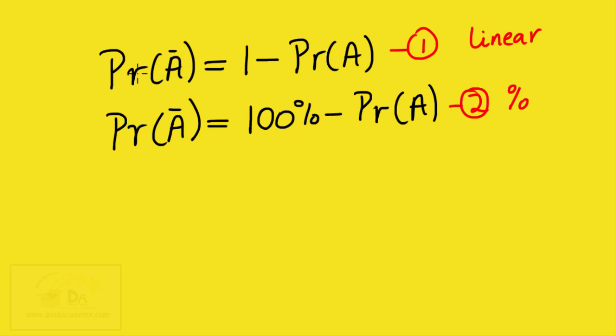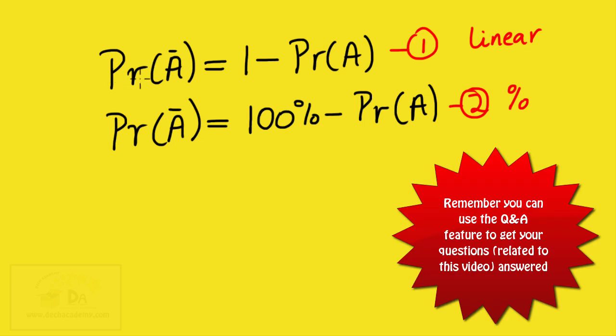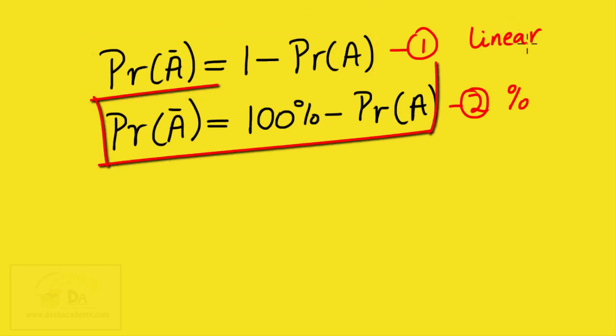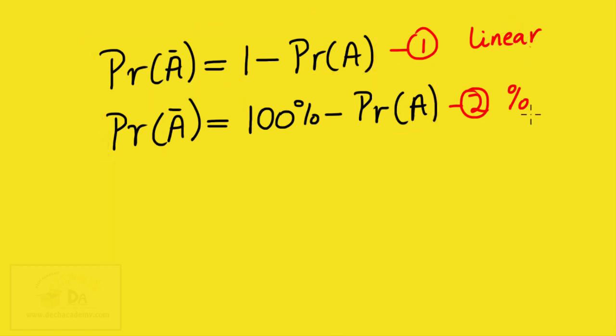So the relationship between the probability of an event not occurring and the probability of an event occurring is this, or this, depending on whether you're using a linear scale or percentage scale.